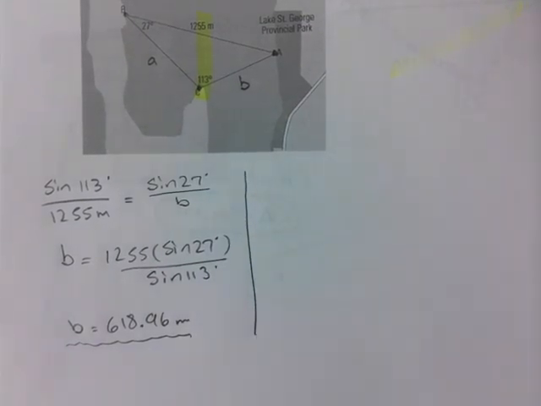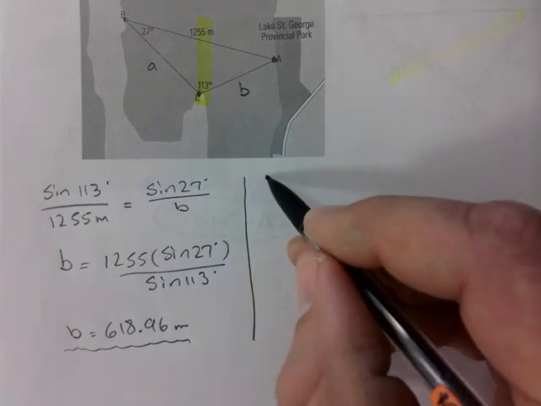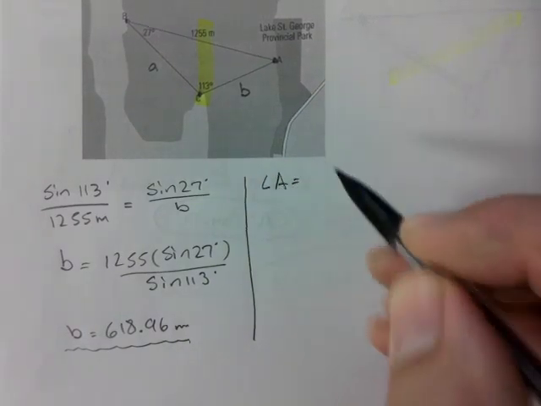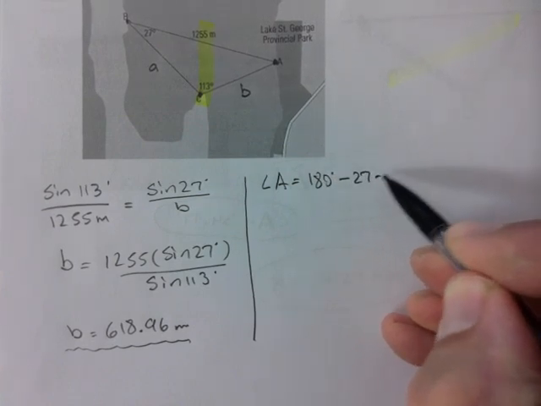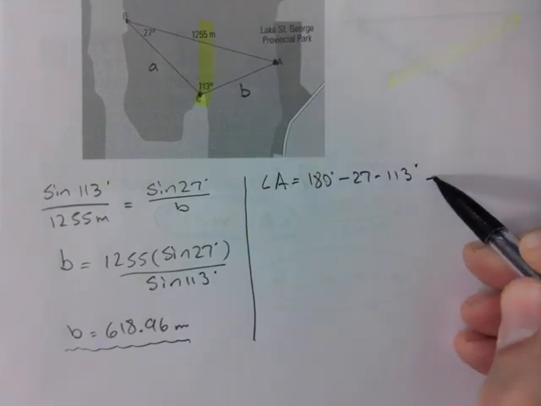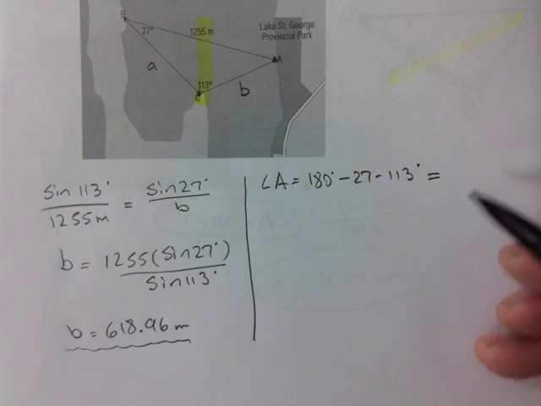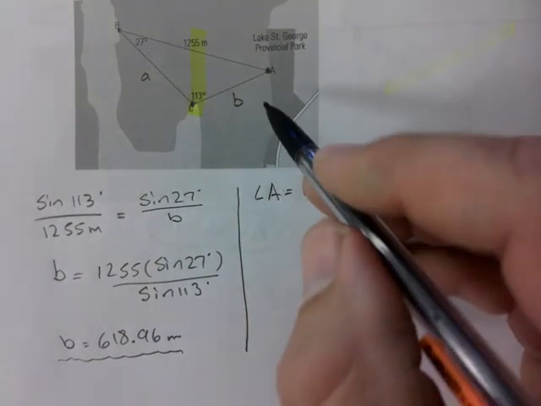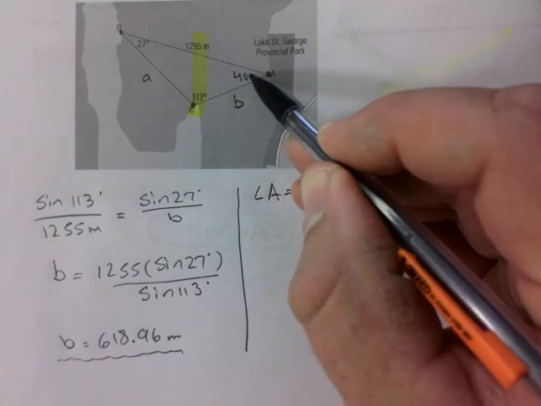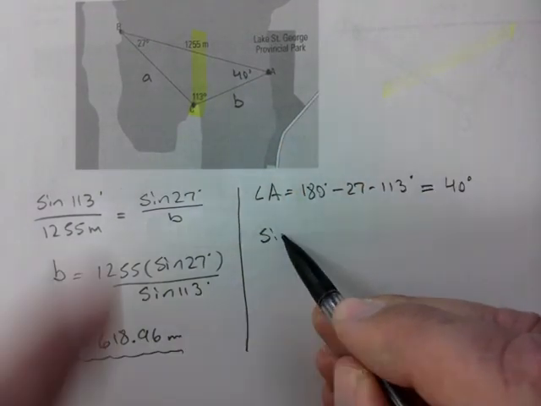Then I have to solve for side A. I need angle A for that, and I have 2 out of the 3, so I'm going to go 180 minus 27 minus 113. So angle A is 40 degrees. And this one is 40 here. I'm going to write it in. So I start with the same pair.